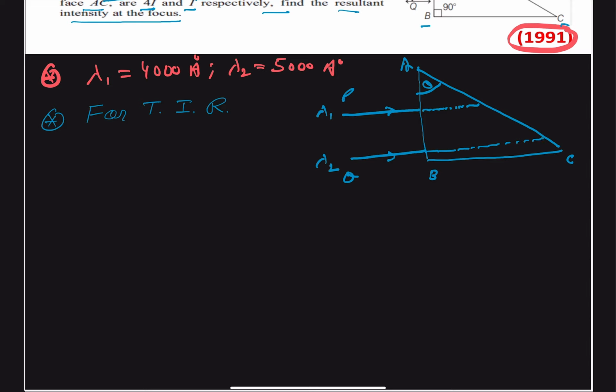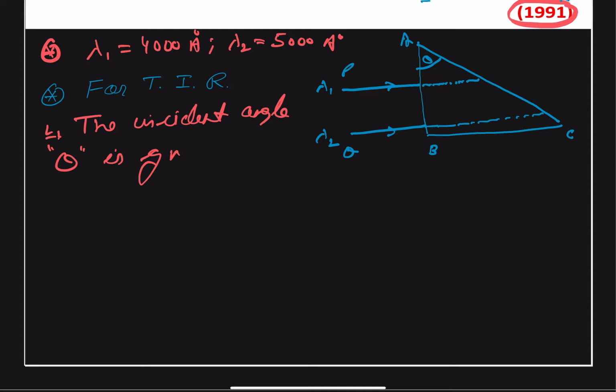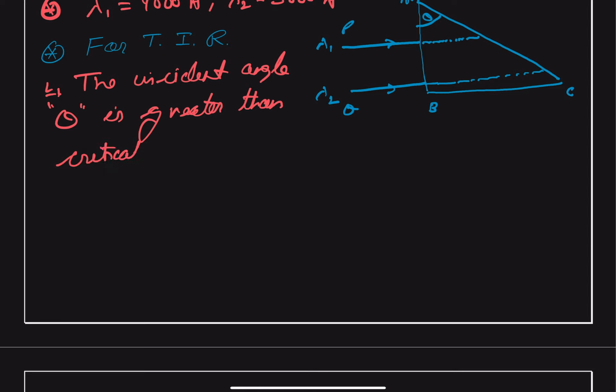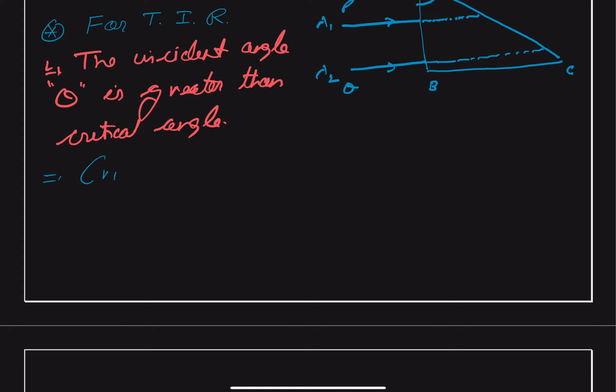So we have to remember that for total internal reflection, the incident angle theta is greater than the critical angle, okay, and the critical angle depends upon the refractive index, that is our mu.